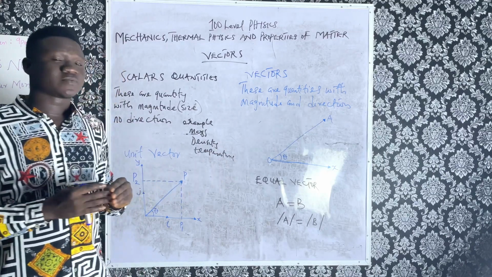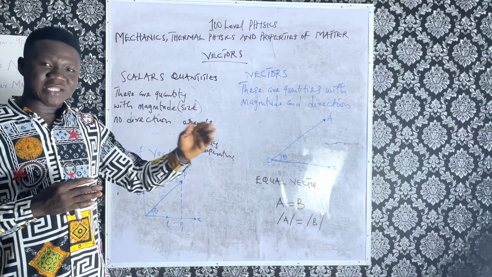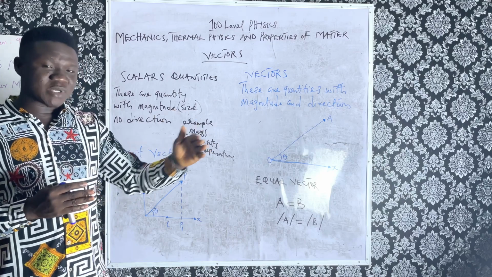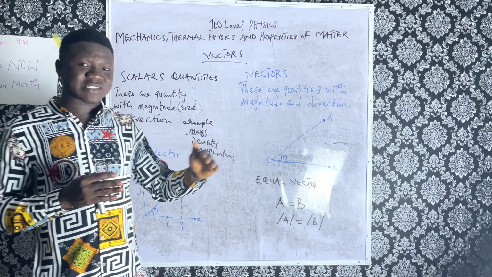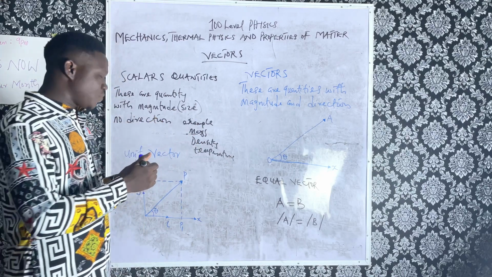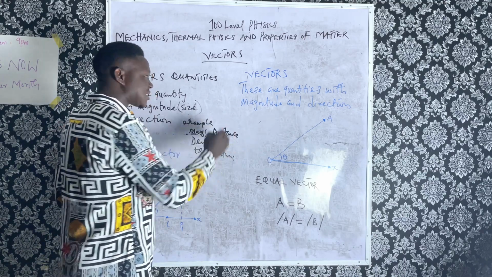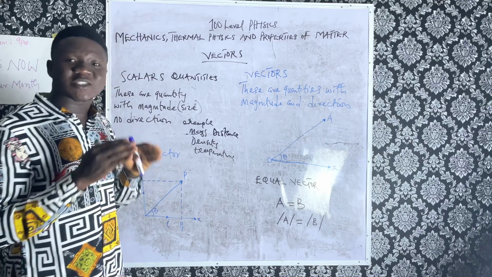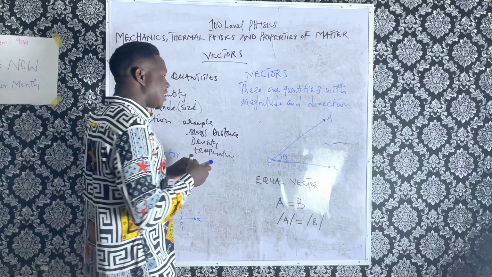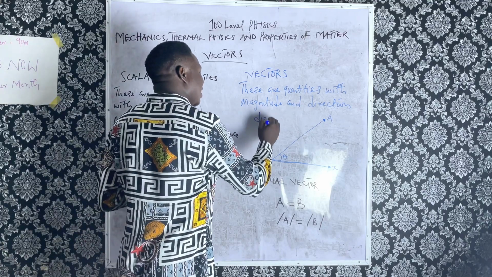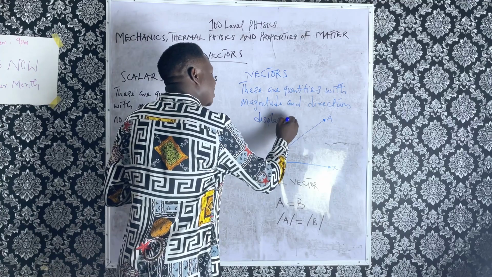For such movement, that is displacement, because distance and displacement are two different things. Distance here is a scalar, but displacement is a vector, because it has direction.